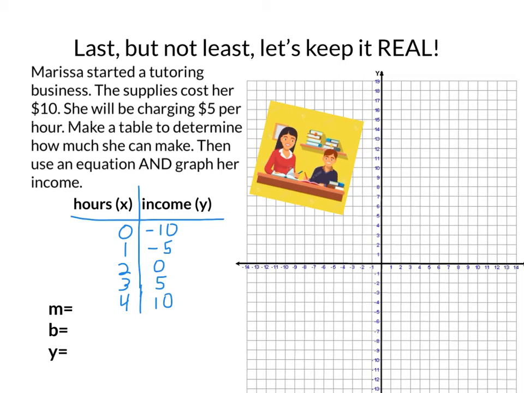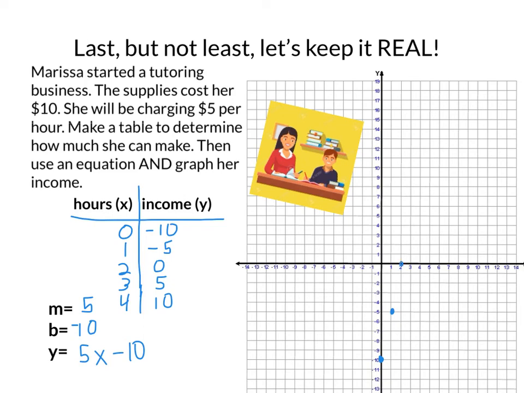So first, let's talk about what her y-intercept was. Where did she start? Well, she started at negative $10 because she spent $10. So we're going to put that right on our y. Then what's her rate? Well, she charges $5 per hour, so that slope is going to be 5. So here's our equation. That means to figure out all the other points on our graph, we're going to go up 5 over 1.